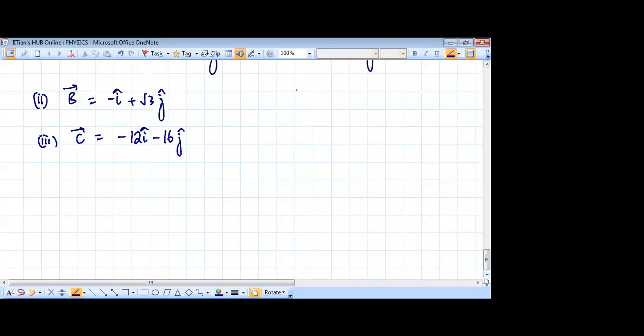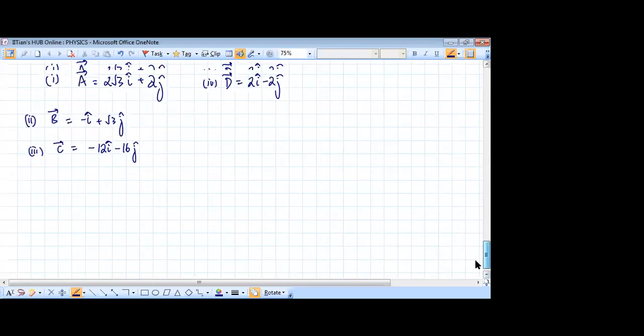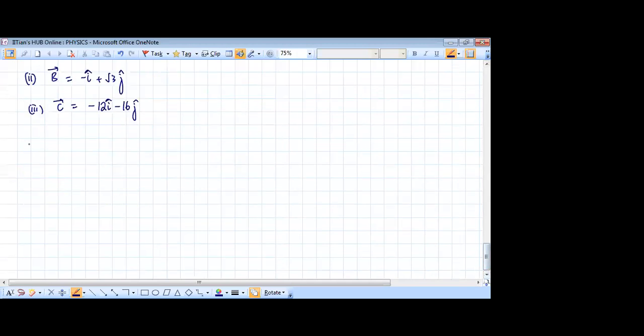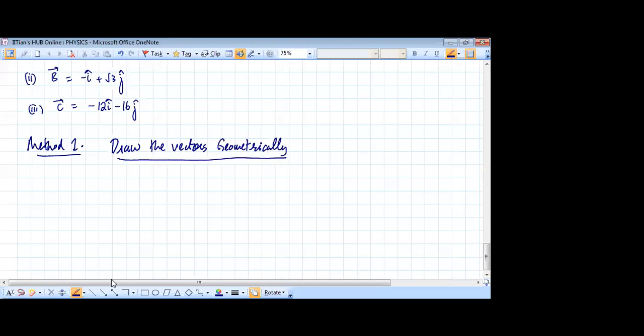Okay, so let me just demonstrate two methods of doing this. One is we can draw the vectors geometrically. That can be done in this way.